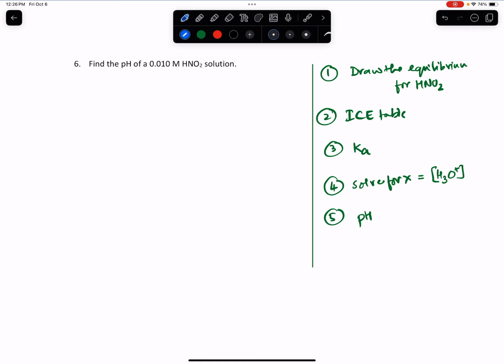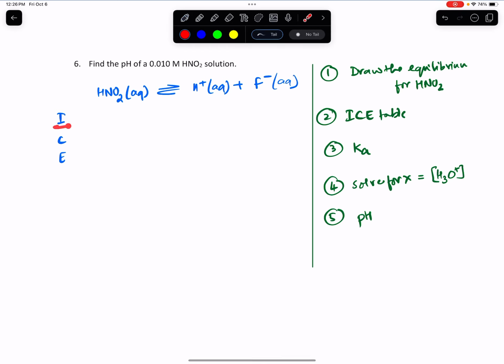So let's draw the equilibrium. HNO2 aqueous gives us H plus and F minus. Initially, we have 0.010 of HNO2, 0 of H plus and 0 of F minus.